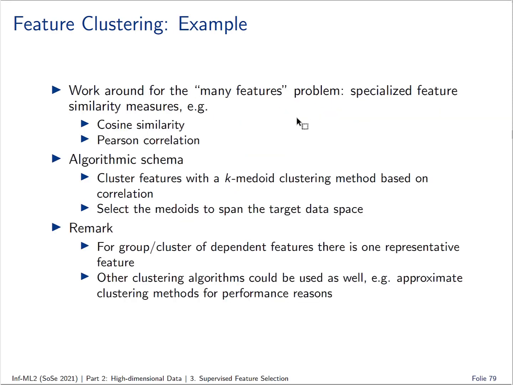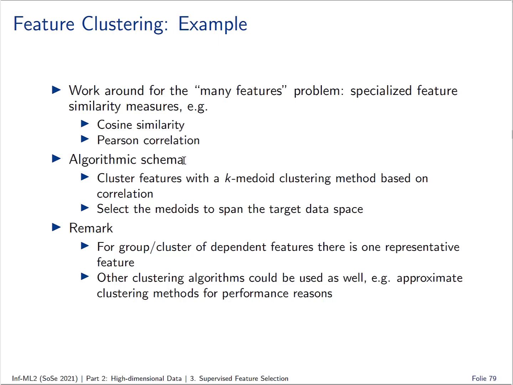To deal with this problem, specialized feature similarity measures are typically applied. For example, you can use cosine similarity or Pearson correlation coefficient for the problem of many features and few observations. So you typically cannot use Euclidean distance or the like, but use specialized similarity measures.